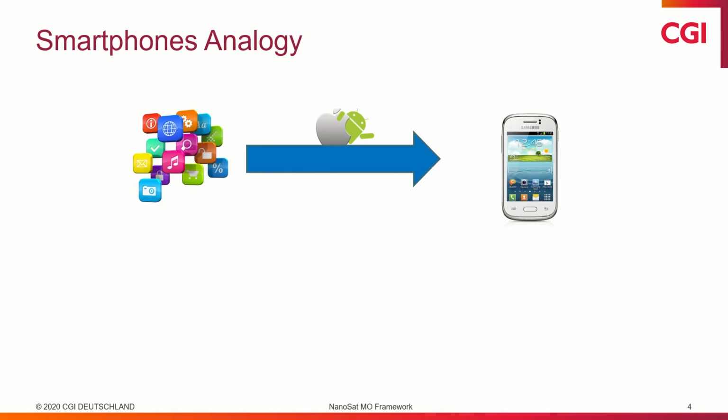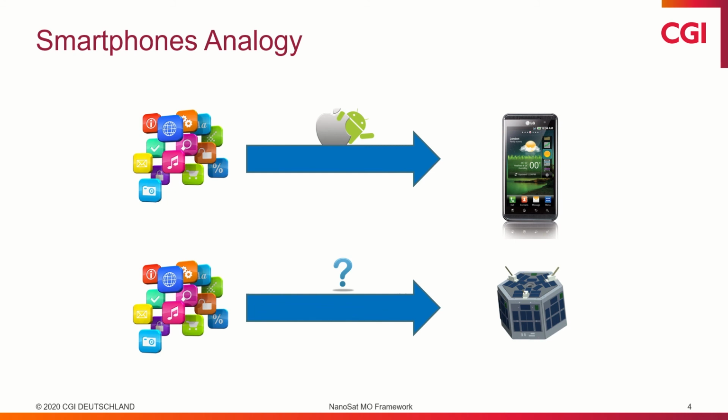So usually I use the smartphones analogy, where we have the apps being developed against the Android or iOS framework. And it doesn't really matter if you have a Samsung phone or an LG phone, as long as you have this layer in between your app and your actual hardware, you know that your app is going to run on that phone.